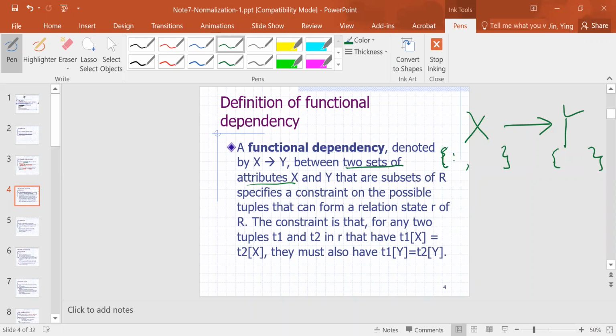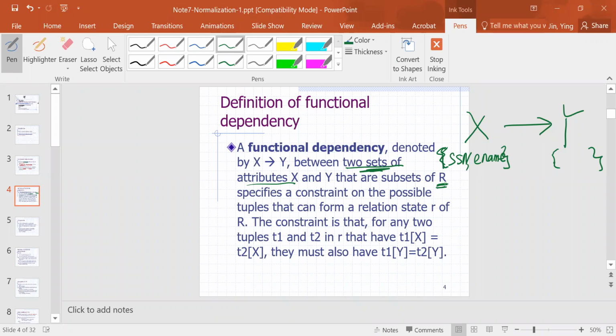Say X can have social security number, employee name, things like that. Attributes can be one attribute or more than one, a set of attributes, and they are subsets of R. R is the whole relation.